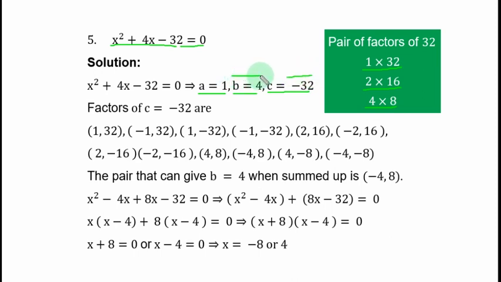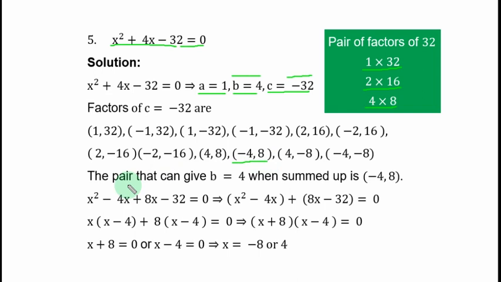So you can see now I've attached minus, plus, minus, minus to all the pairs of factors. When you look at them critically, you will agree with me that the pair that will give us 4 when added is minus 4 and 8. And of course, when you multiply minus 4 by 8, you will have minus 32.